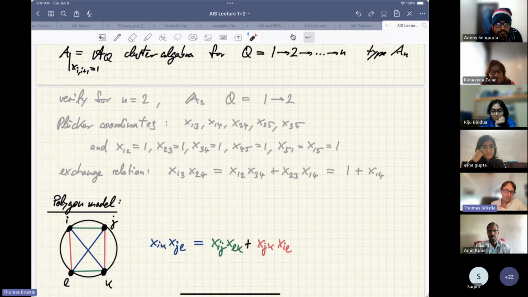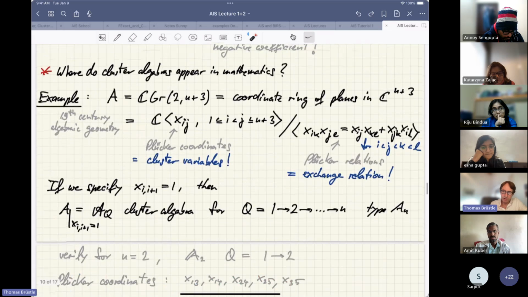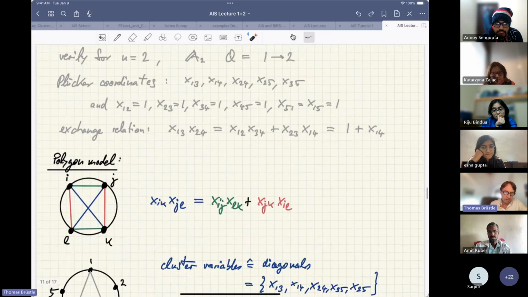So let's just, for the moment, this is just a play, this is a game. Let's fix a polygon with vertices 1, 2, up to n, cyclically oriented. And let's say we have 4 indices, i smaller than j smaller than k smaller than l. And then the Plücker relation, I just copy the Plücker relation from here down into this picture.